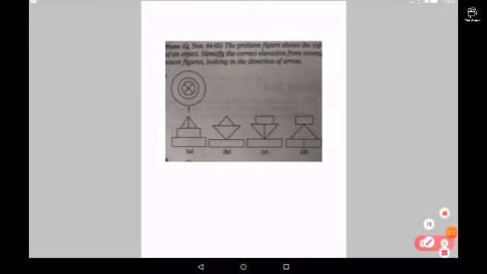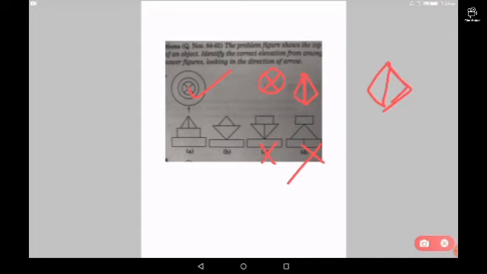This is the next figure, and the question asks us to find the elevation when the top view is given like this. If the top view has a cross, this cross means there is a tip like this, or like this. So we can exclude C and D options. Now we have to check whether there is a cut like this when we see the elevation, or it's simply like this.